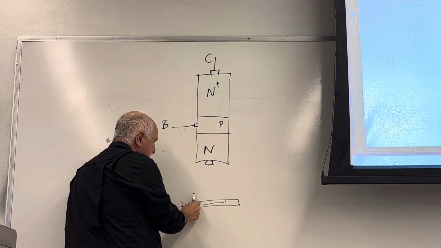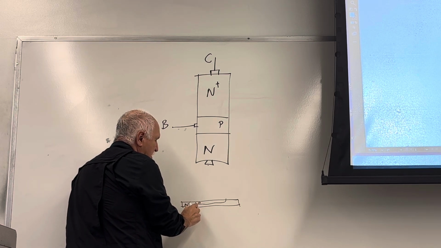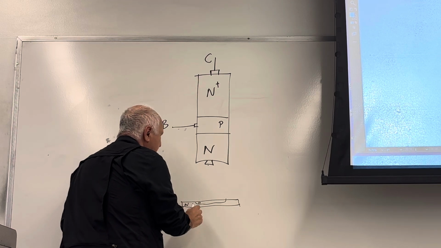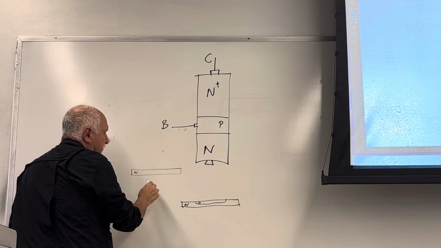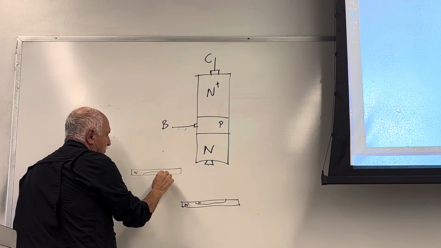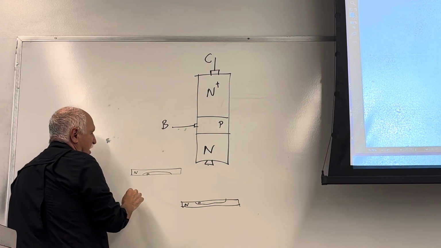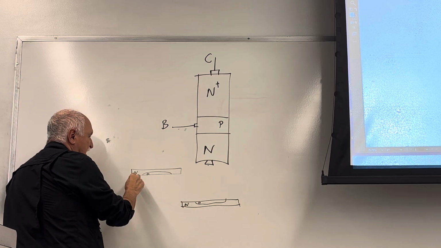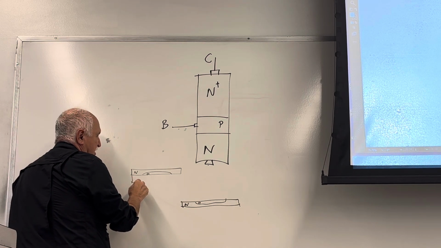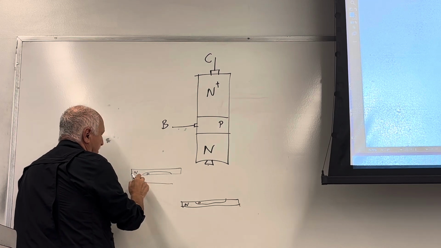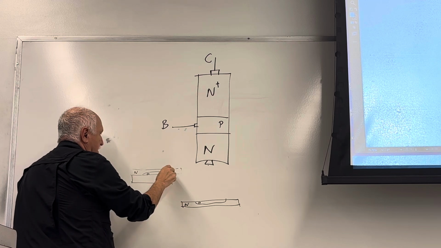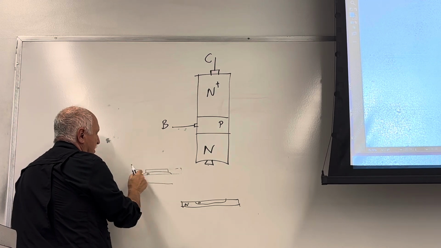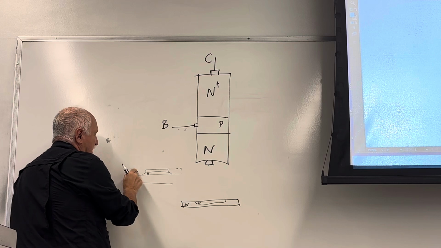sorry, the first one is n. Hang on a second. It works in the reverse direction. Sorry, for the n type, they grow a p, okay, and then they deposit next a heavier n in here. This n is on top of the p. Sorry, it's there. P, and then n plus is down there.